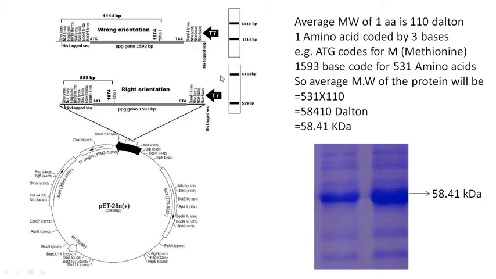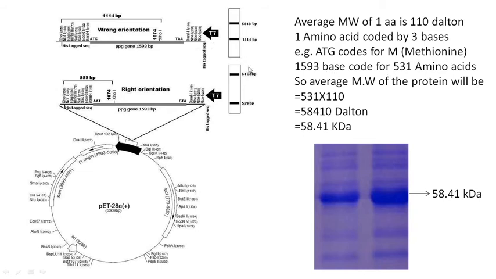Now I am showing how this gene of 1593 base pairs can produce a protein, and the size of that protein will be 58 kilodalton. Why? Because the molecular weight of one amino acid is 110 dalton, and one amino acid is coded by three bases, like ATG codes for methionine.